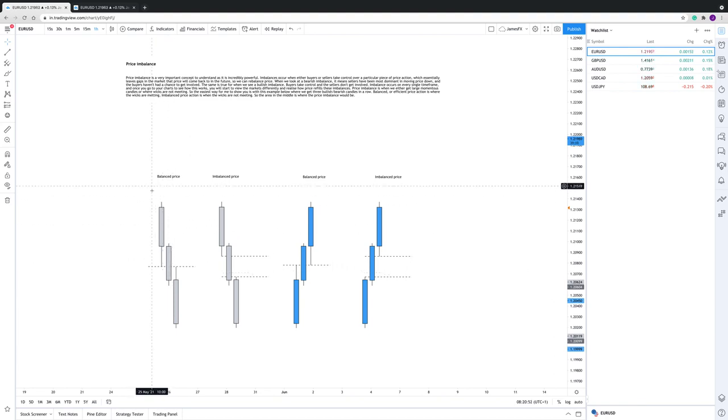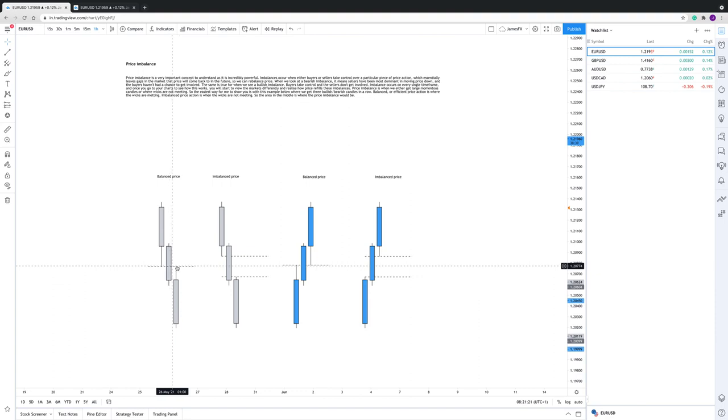Now this would be classified as a balanced bit of price action, because if we look at the wicks, you can see they're meeting. So what does that mean? Well, if we look at the low of this first candle wick, you can see it was down here. We then had price come up and we had this candle coming down, and then the top of the third candle is meeting with the bottom of the first candle.